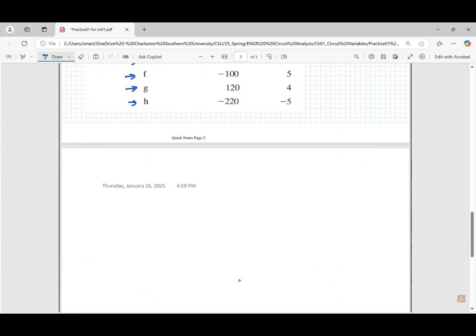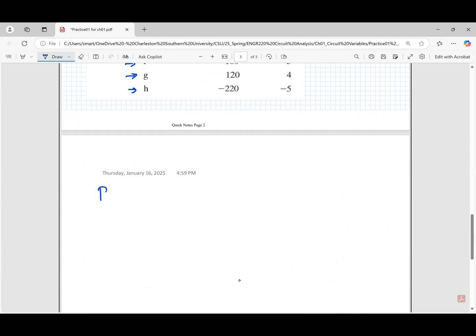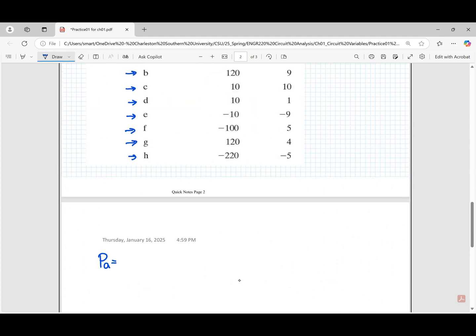Step by step. So the P sub A is what? Go back to the figure.